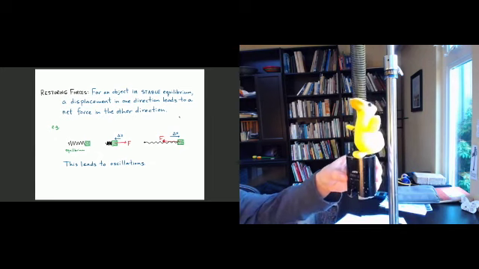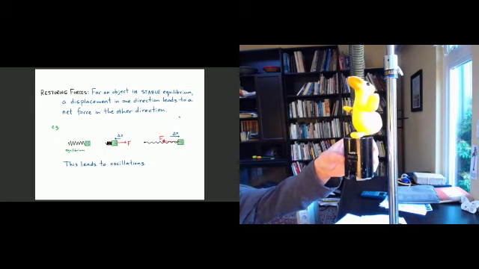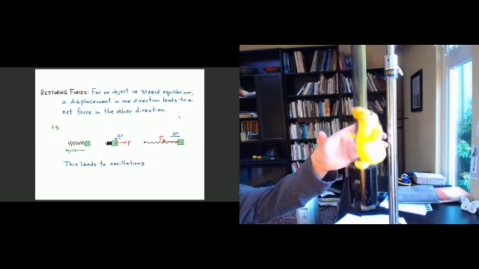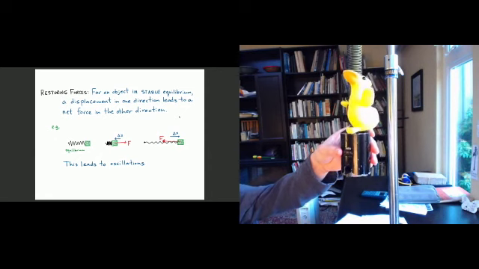And similarly, if I displace in the other direction, so if I move our system upwards above the equilibrium position, then if I let it go, there's a downward restoring force.